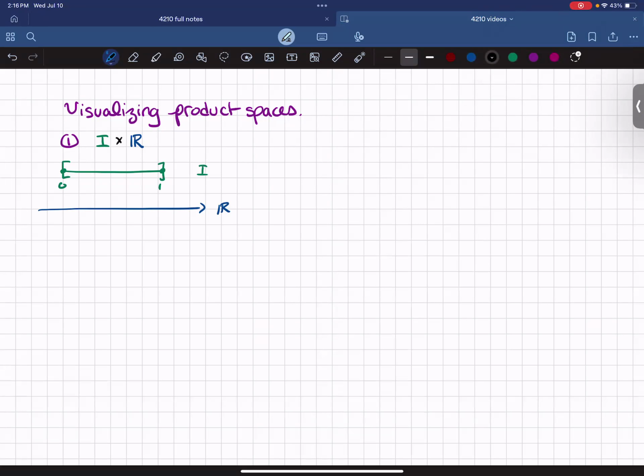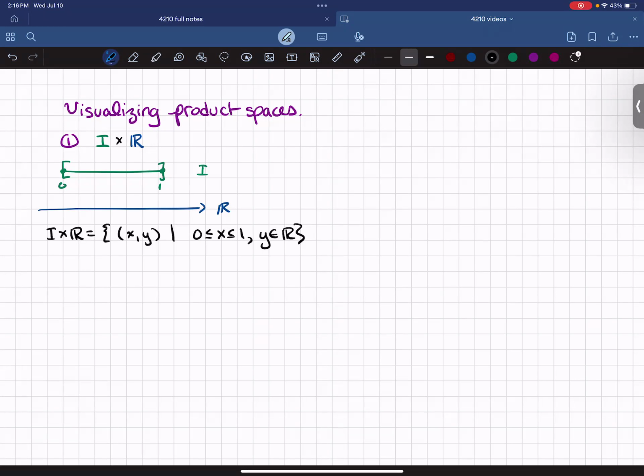So remember that I cross R, formally and as a set theoretic definition, looks like ordered pairs of the form x comma y, such that x is a real number between 0 and 1, and y is any real number. Okay, so that's saying x is an element of capital I, y is an element of the reals. So it's ordered pairs where the first coordinate has to be between 0 and 1, and the second coordinate has to be in the reals.